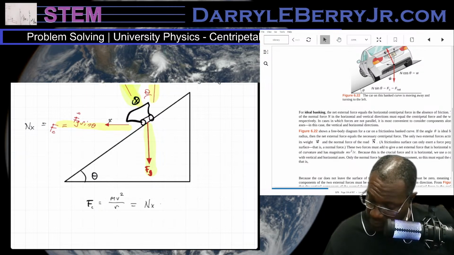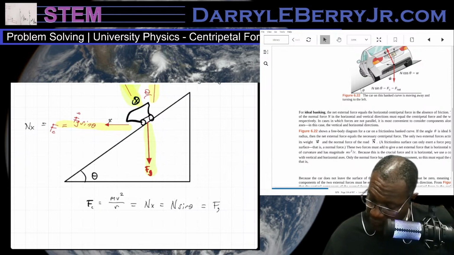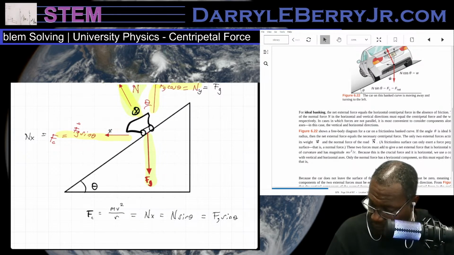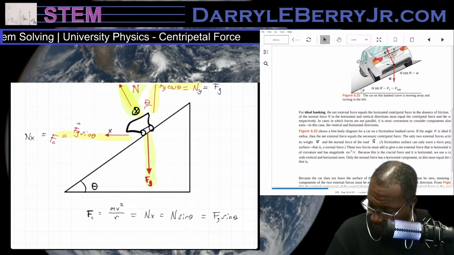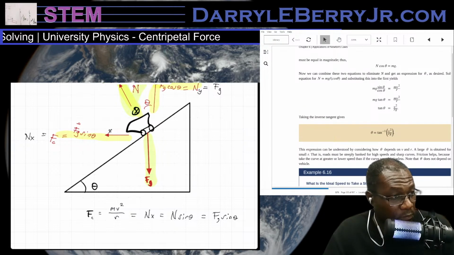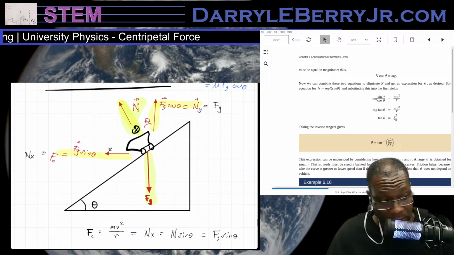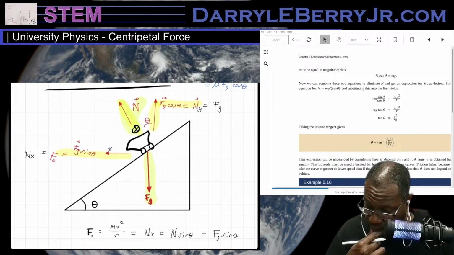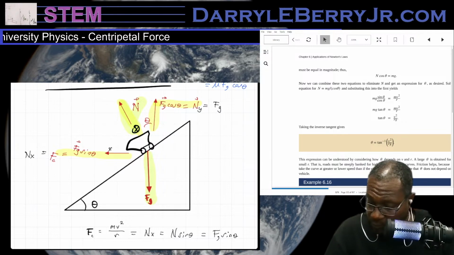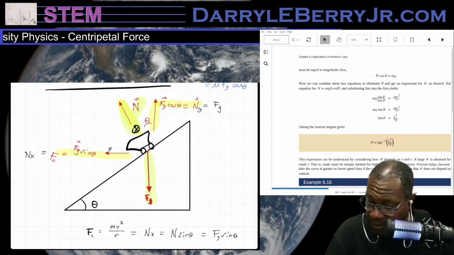Equals Nx or N sine theta. Not sure how N cosine theta is mg when N is mg.